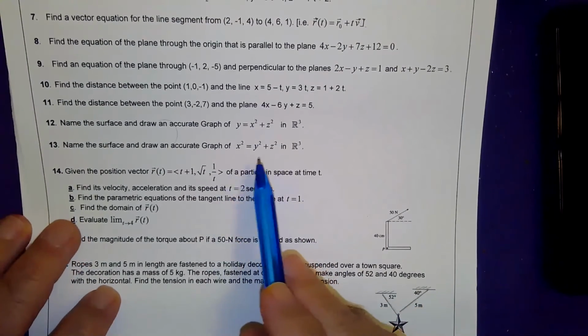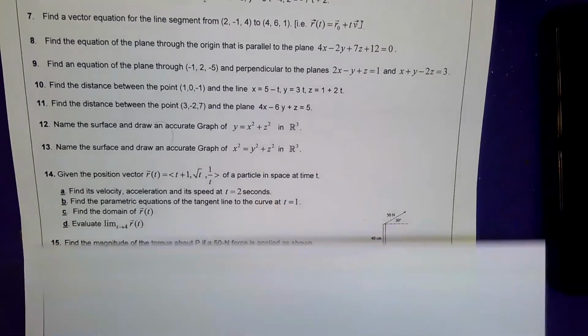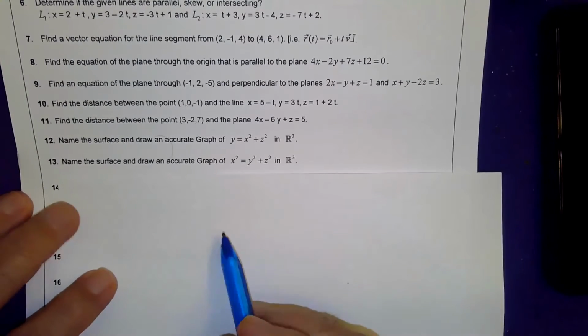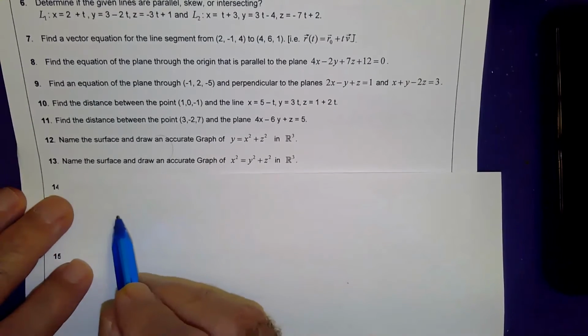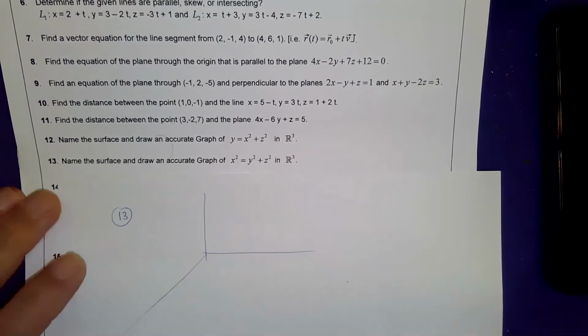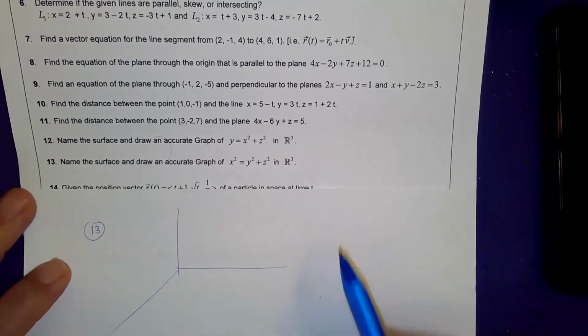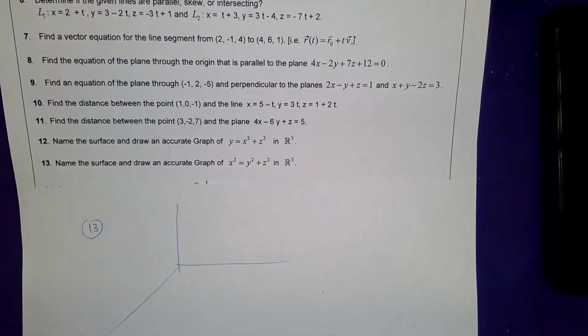That looks like a cone, doesn't it? And it looks like it's going to open along the x-axis. So if I had to guess the answer, I would say it looks kind of like this. Do you remember I had a handout at some point?